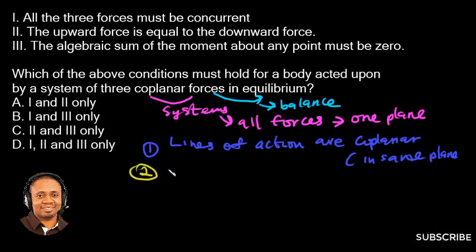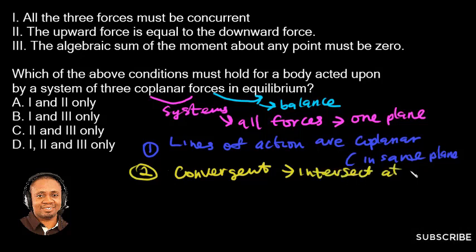What about the other characteristics? Another one is that the lines of action are convergent. That is, they intersect at a common point. Alright?